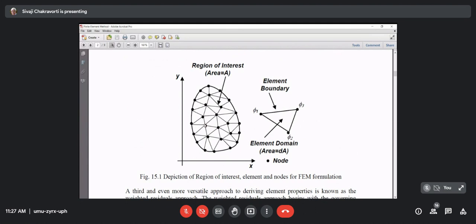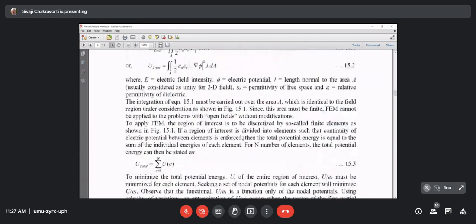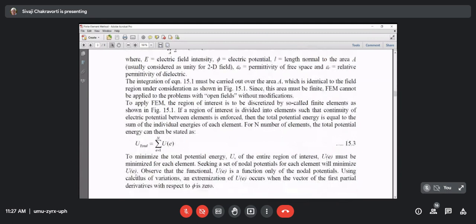It will be like energy 1 plus energy 2 up to energy n. We add all of them, we get the total energy. That's the integration in our computerized technology. So the total energy we calculate in 15.3 by simply summing up the elemental energy from 1 to n.